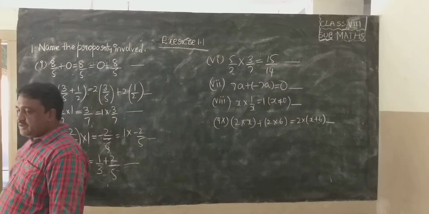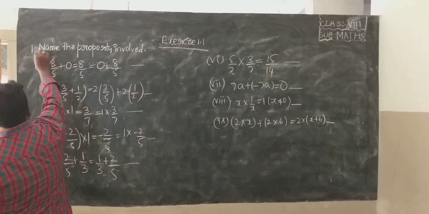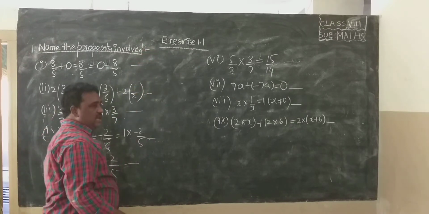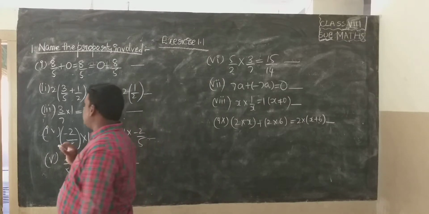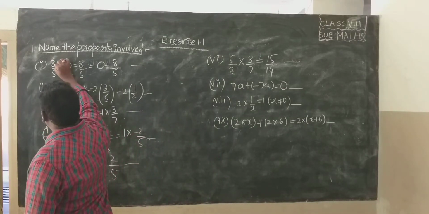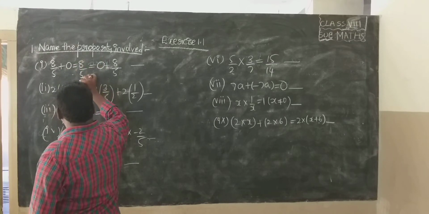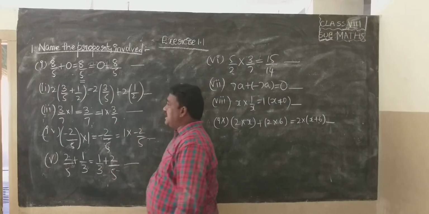See the first one. What is the heading of the problem? Name the property involved in the following. First one, 8 by 5 plus 0 equal to 8 by 5, you get the same number. Again 0 plus 8 by 5.